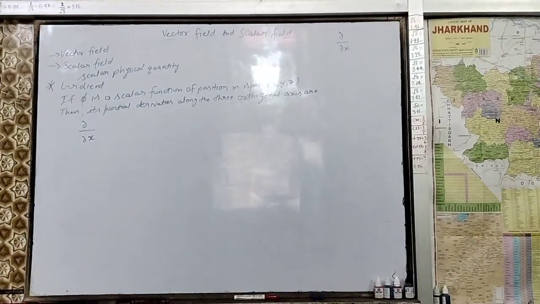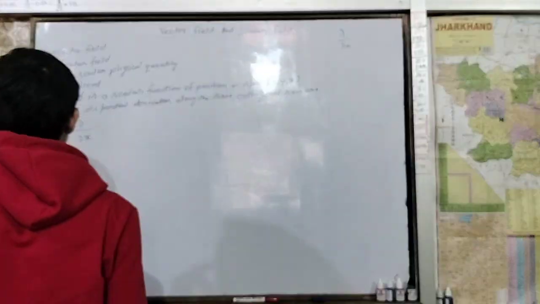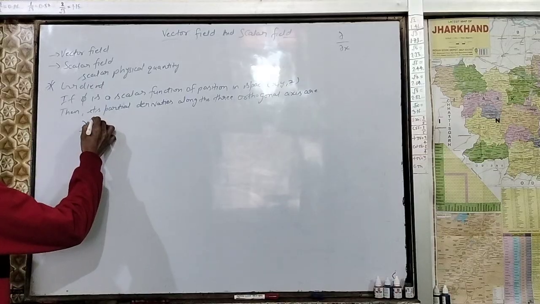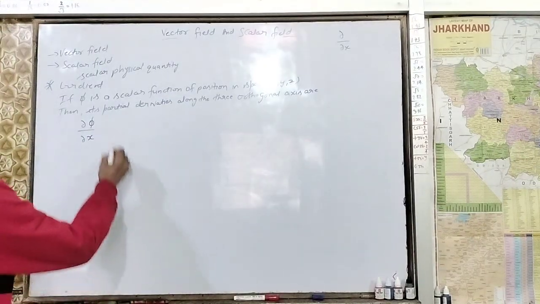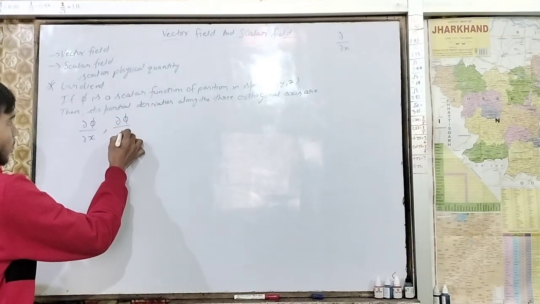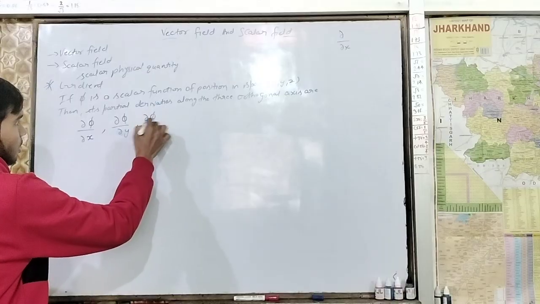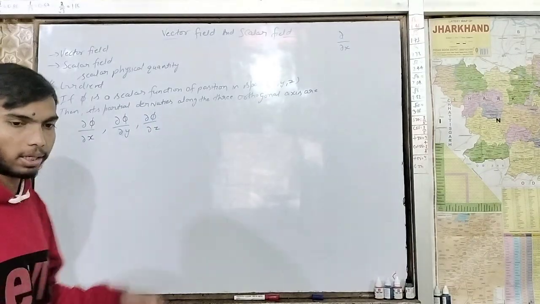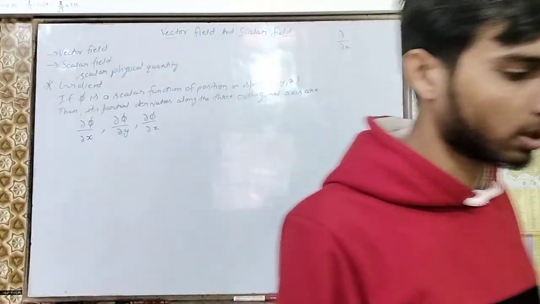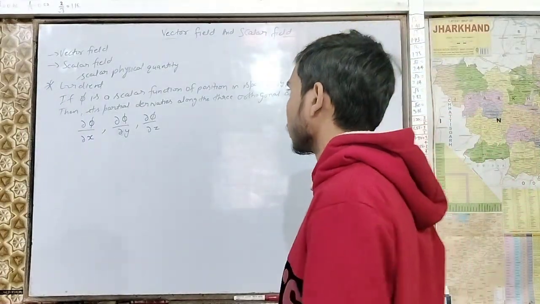The x axis provides i cap. But this is a scalar function. So we get d phi upon dx, d phi upon dy, d phi upon dz. These 3 things we will get when phi is a scalar function.